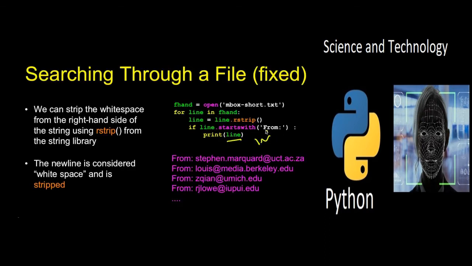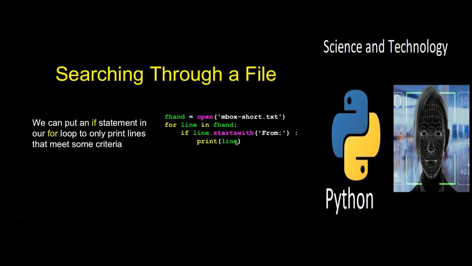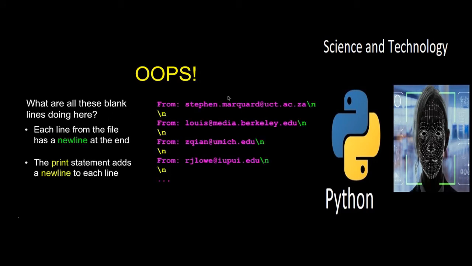Oops, I'm in the wrong slide. There we go. This is the one I want. If we look at the code, there's a new line in here, and then the print adds a separate new line. That's how we get two new lines: the print statement's new line and the new line from the file.